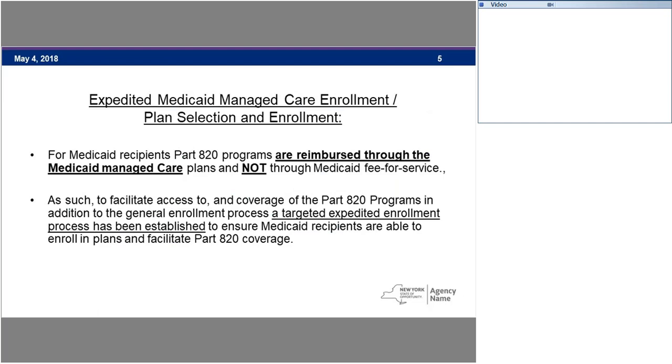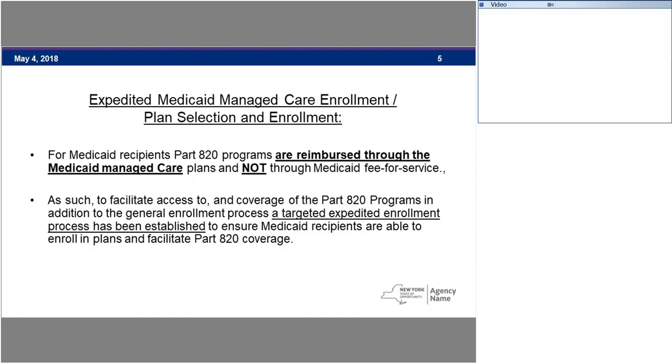So what we needed to do was have a conversation with Maximus and the Department of Health about facilitating access to individuals who were not already in a Medicaid managed care program but were receiving services in the 820 program. As we talked a little bit about it, there are two separate processes, and in a moment I'll transition to Ben.